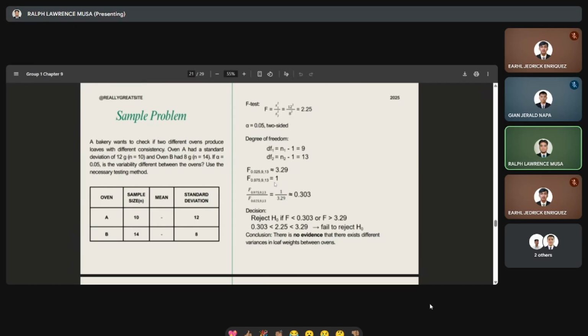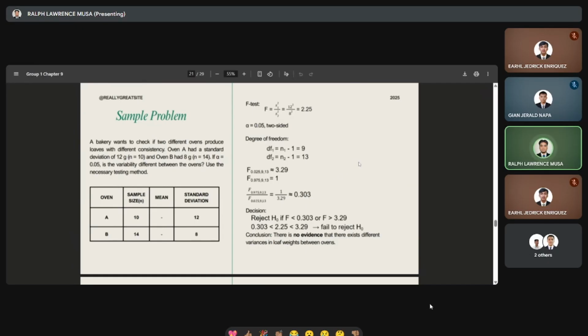For the next computation, F sub 0.025, 9, and 13 is equal to 3.29, and F sub 0.975, 9, 13 is equal to 1 divided by 3.29, which is 0.303.